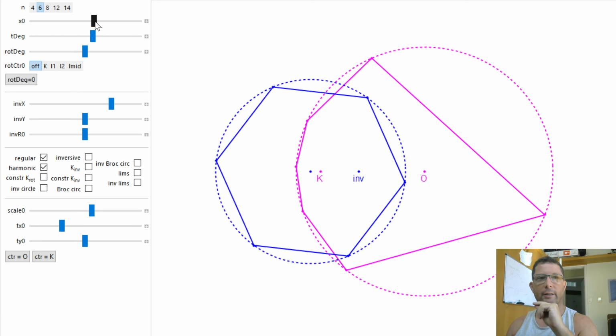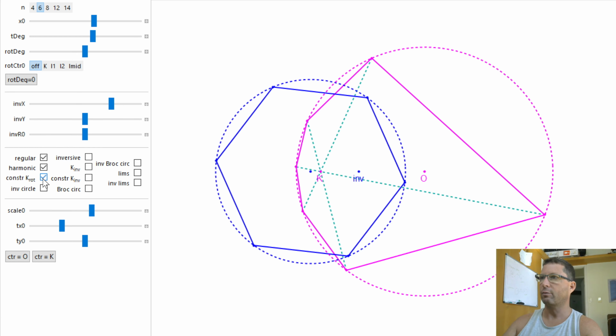Now harmonic polygons are equipped with a very special point known as k, or the symmedian point. For even n, the construction of k is simply the intersection of the major diagonals of my polygon.